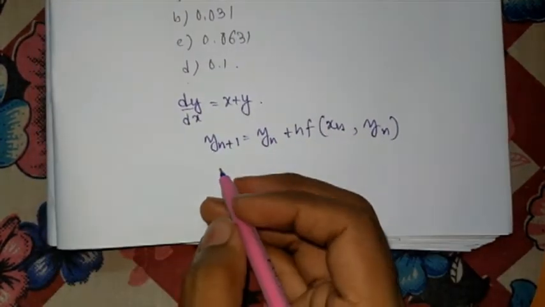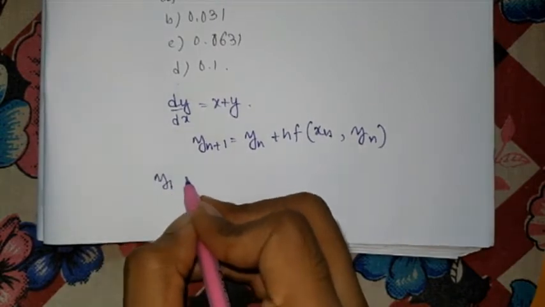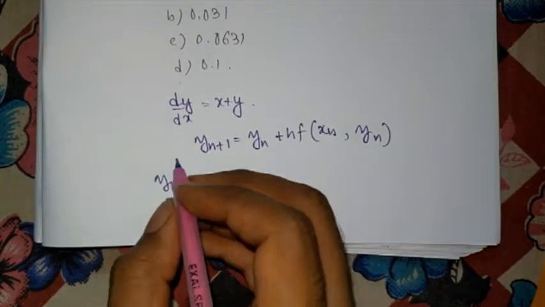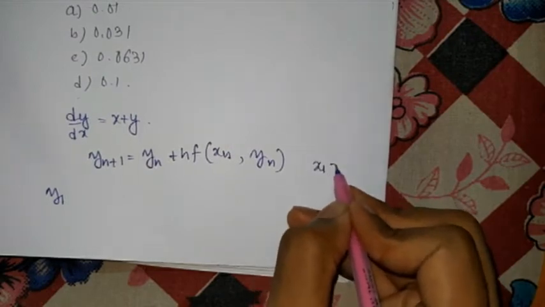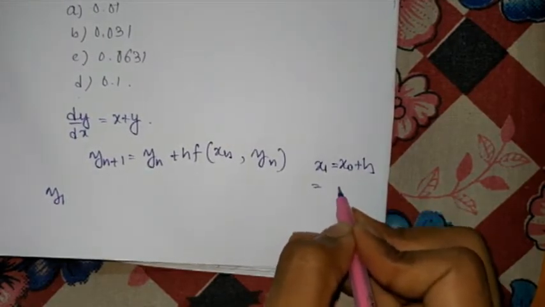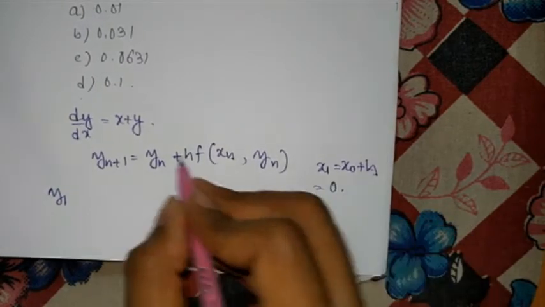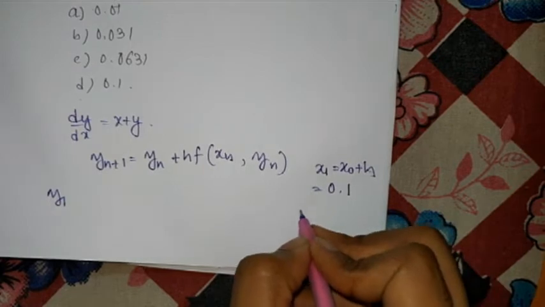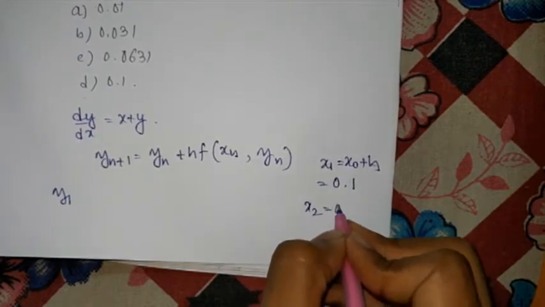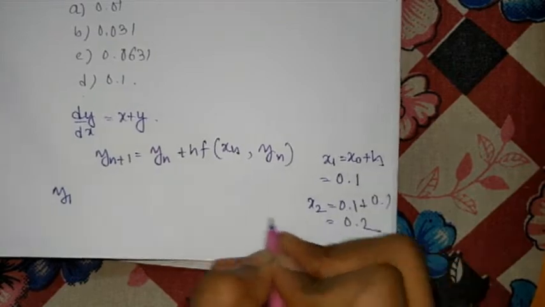Now we have to find first y1. We know that x1 equals x0 plus h; putting the value of x0 and h as 0.1, we get 0.1. For x2, 0.1 plus 0.1, we get 0.2.